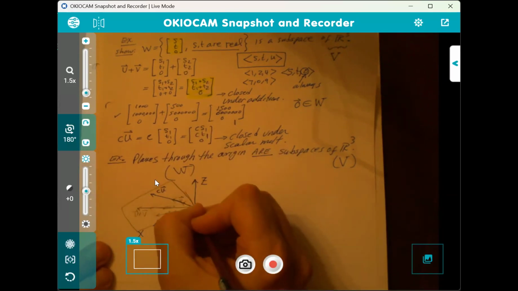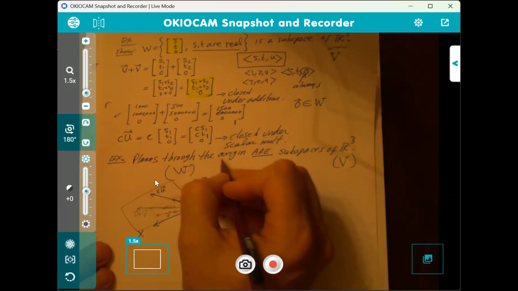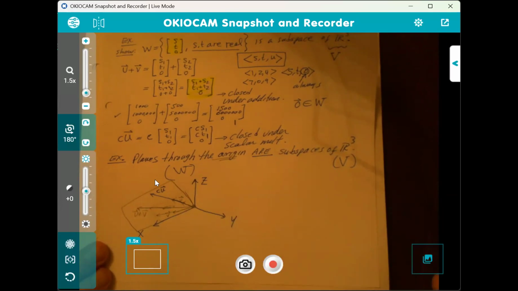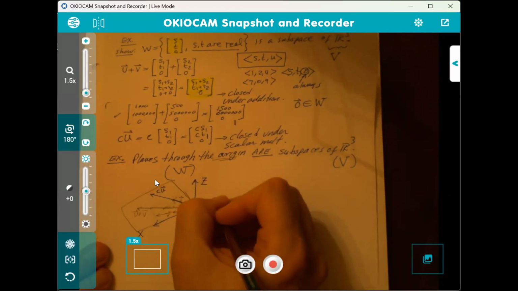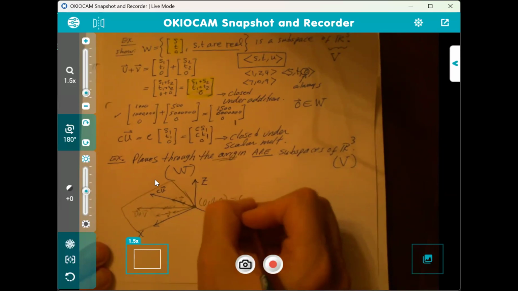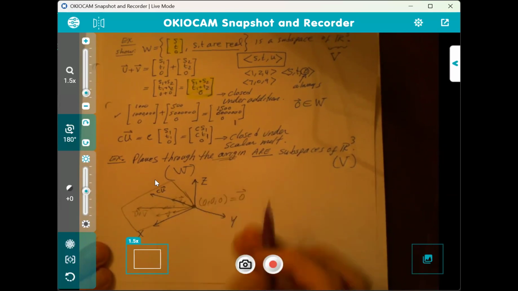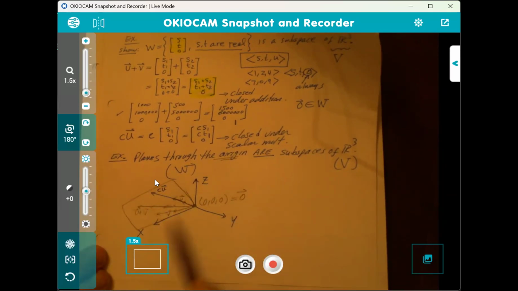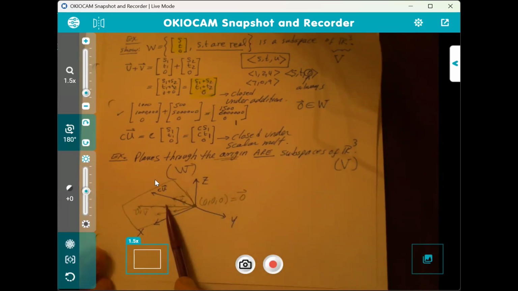What's important, folks, here is through the origin. Now, the origin is at 0, 0, 0, isn't it? So isn't the zero vector part of this plane because it runs through the origin? So 0 is there.